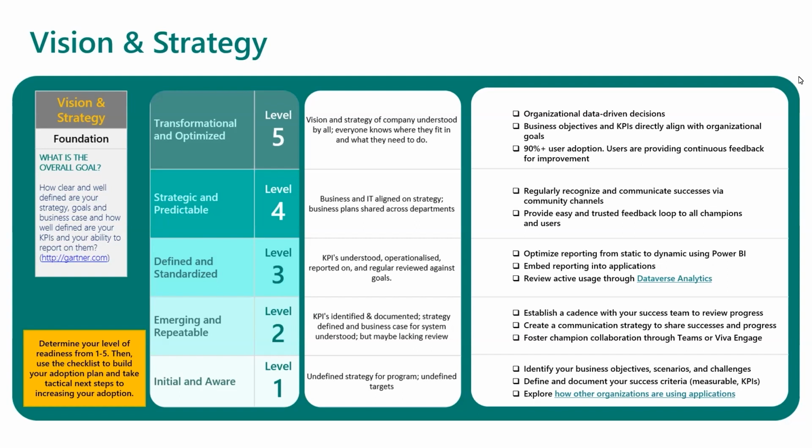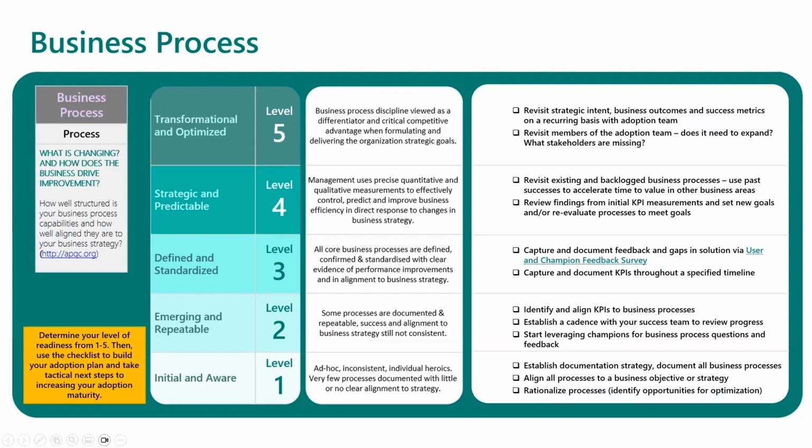Okay, let's move on. In the area of business process, think about what is changing and how the business drives improvement. A low level of readiness would look like ad hoc processes that have little alignment and impact on the overarching strategy. And a high level would be your business processes being absolutely critical to delivering organization wide goals.